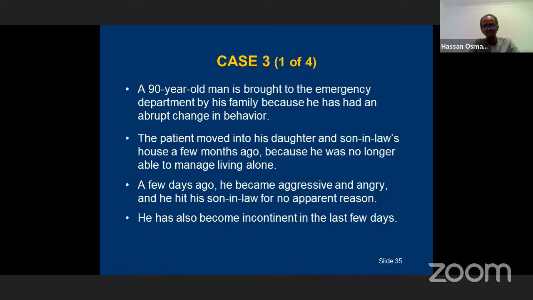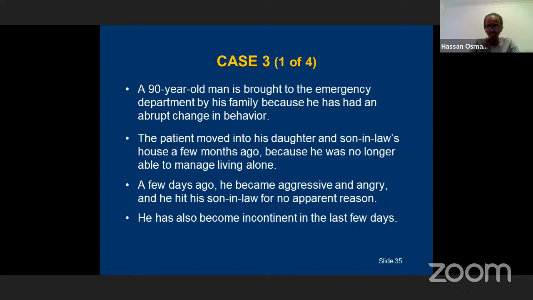And the last case, a 90-year-old man is brought to the emergency department by his family because he has had an abrupt change in behavior. The patient moved into his daughter and son-in-law's house a few months ago because he was no longer able to manage living alone.